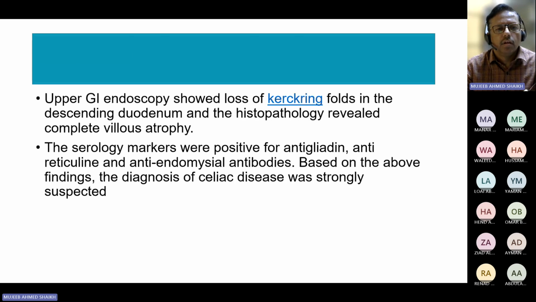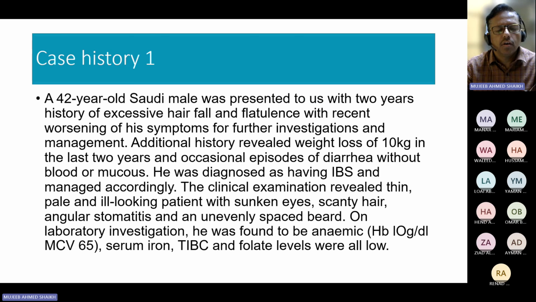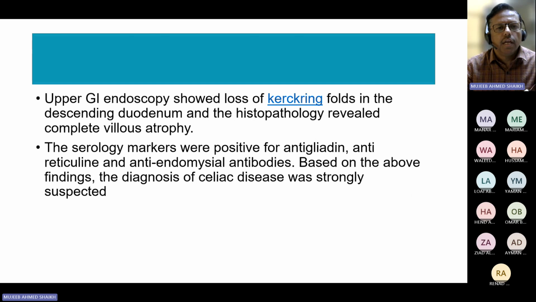So he also has abdominal symptoms, right? He has diarrhea, and irritable bowel syndrome was diagnosed before. So he has some abdominal symptoms, and the doctor advised him endoscopy. What is endoscopy?